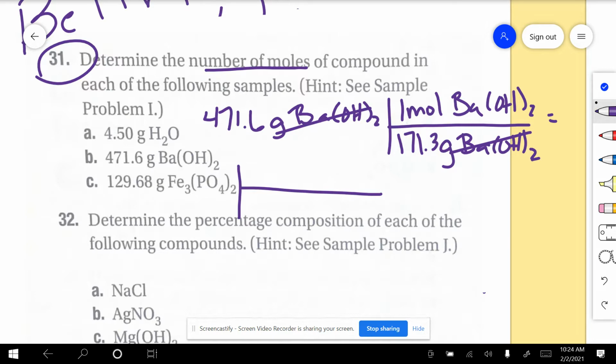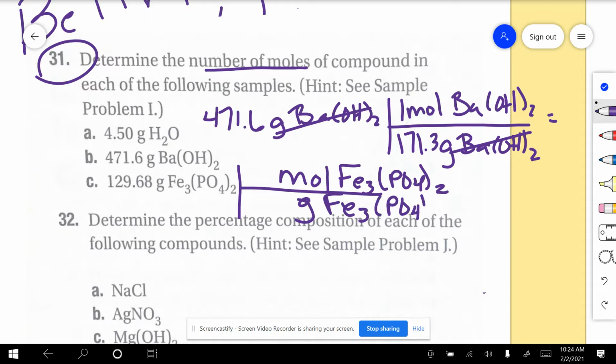Okay, I'm going to put moles on the top and grams on the bottom. Take the time, as aggravating as it may be, to write the formula. So, how many grams are in 1 mole? 357.49.